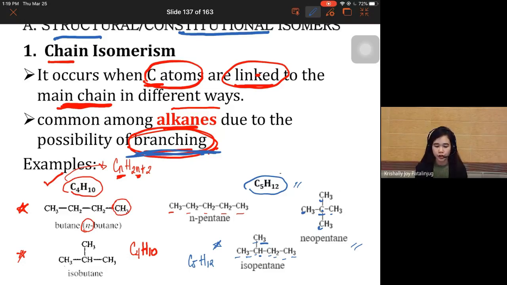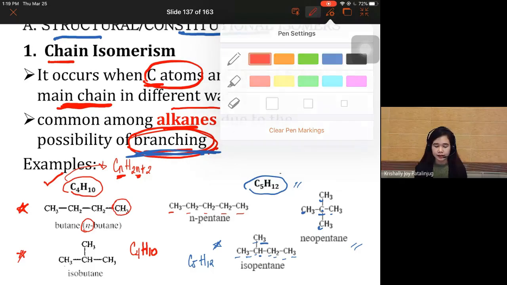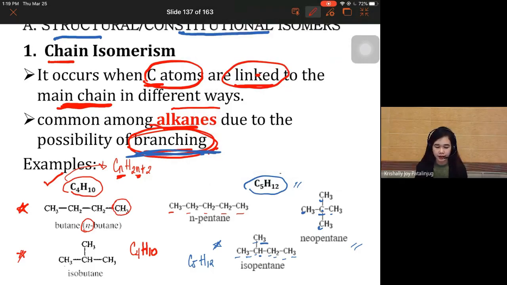Again, common siya among alkenes. Okay, bakit lang sa alkenes? Kasi sa alkenes, they have that possibility of branching. Pwede natin i-branch, i-link ang carbon atoms in different ways sa mismong parent chain. Okay? So, yan. Next.